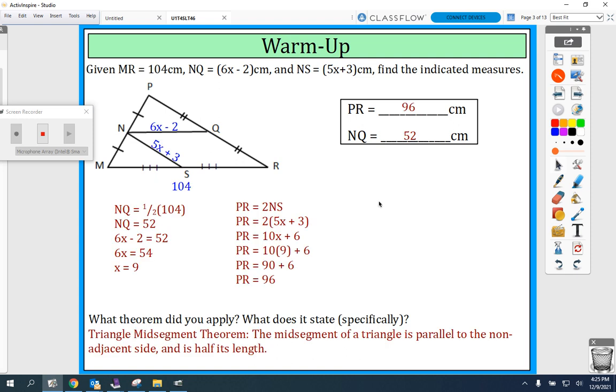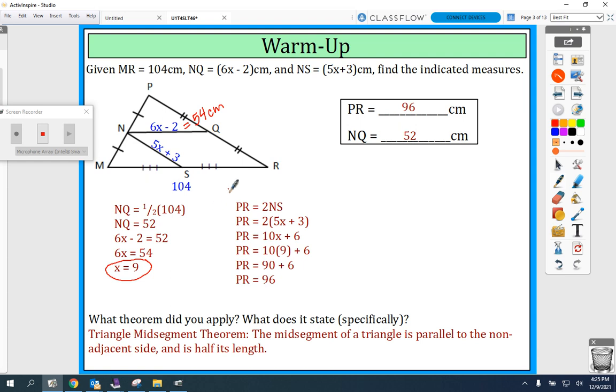All right, so again, we have that NS is 5x plus 3, and NQ is 6x minus 2. Remember that NQ is half of 104, so we know that NQ is 52 centimeters. Therefore, we can set 6x minus 2 equal to 52 centimeters and solve that and get x equals 9.